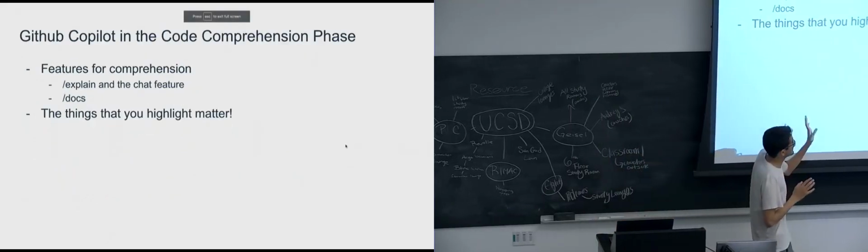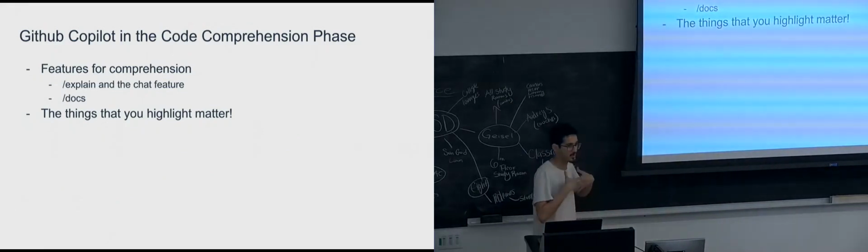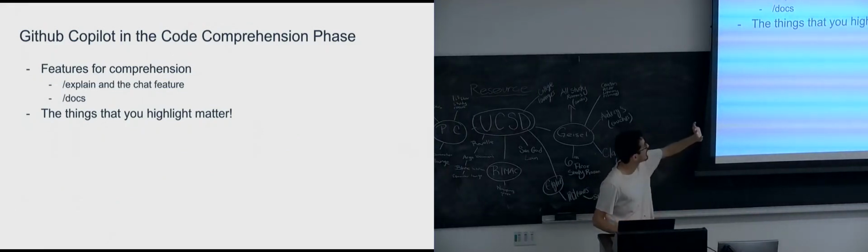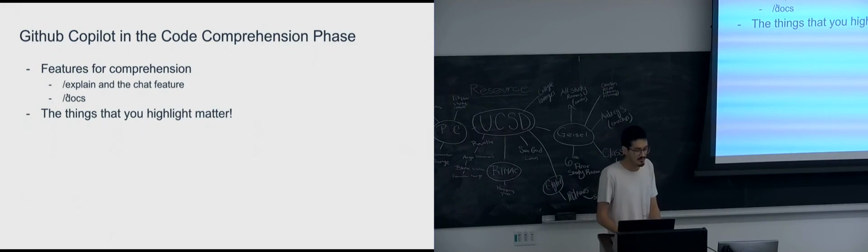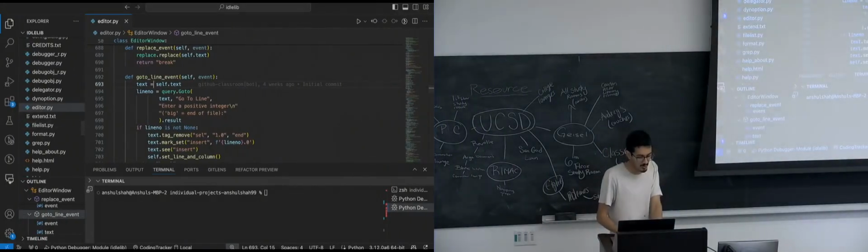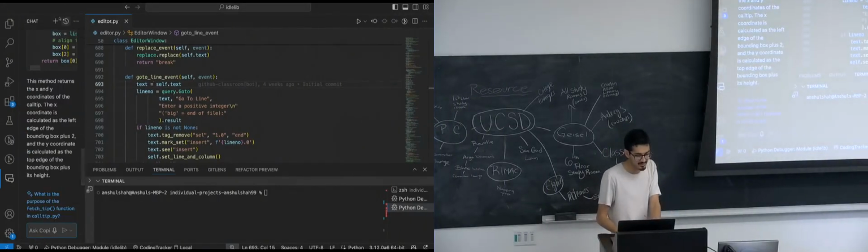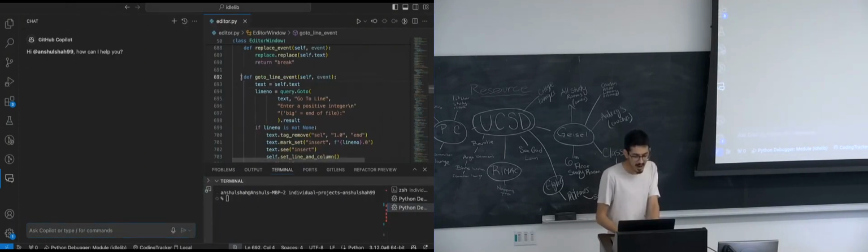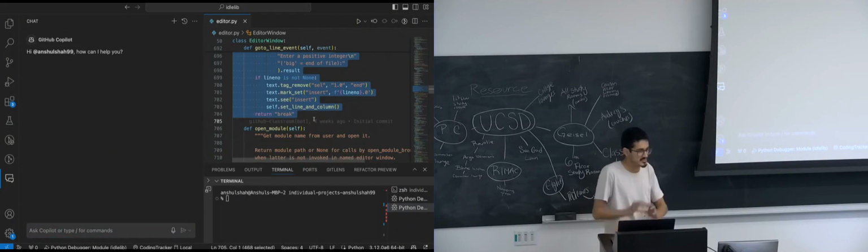I want to start with a quick reminder about the code comprehension features in GitHub Copilot. I'm not going to re-show these, but let me very quickly show how to access the chat. Remember, you can highlight code. This is a general way to interact with GitHub Copilot.